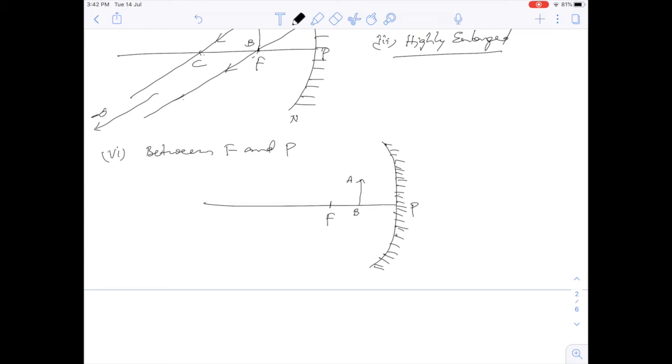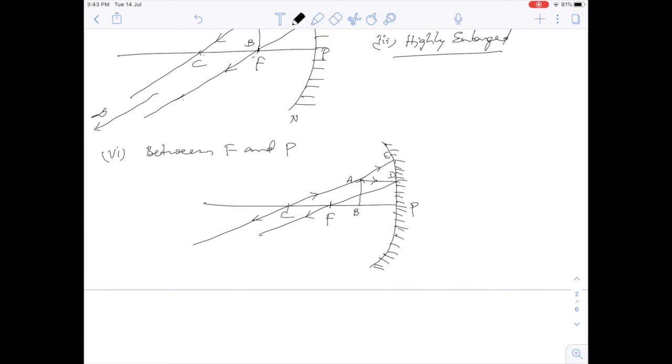Okay. So when a light AD is incident, it reflects and passes through the focus, and let us say I have another light AE incident which is passing through C. So this is C, passing through C, obviously it gets incident and it gets reflected back.